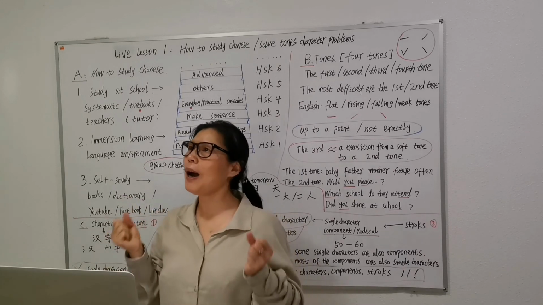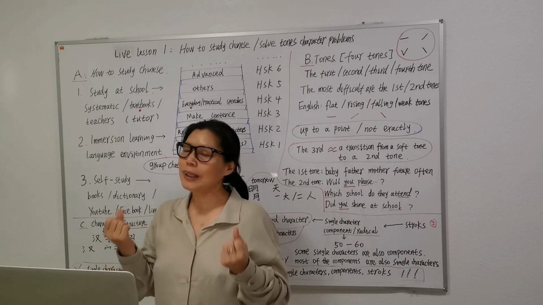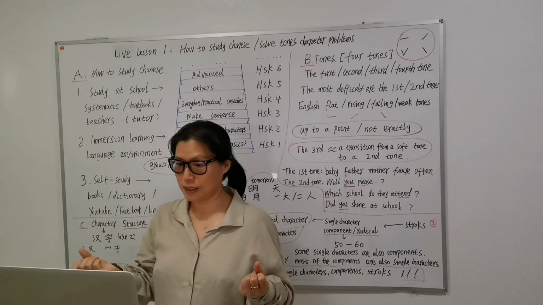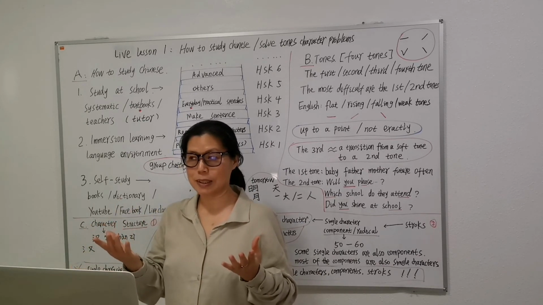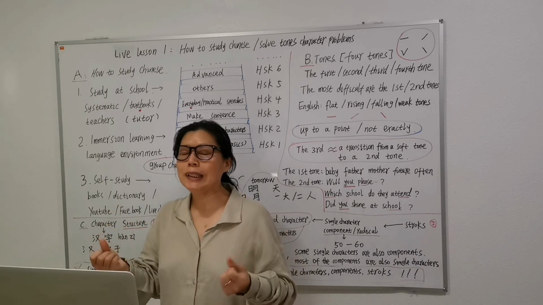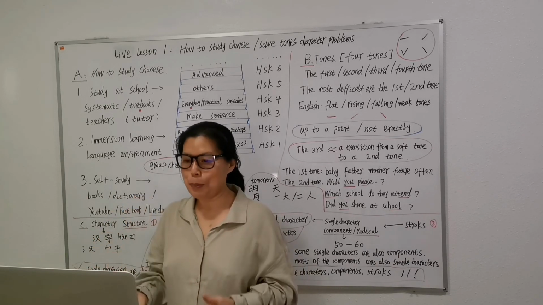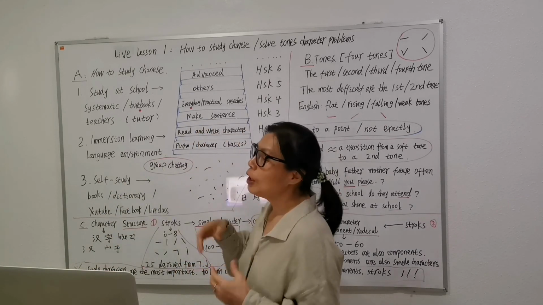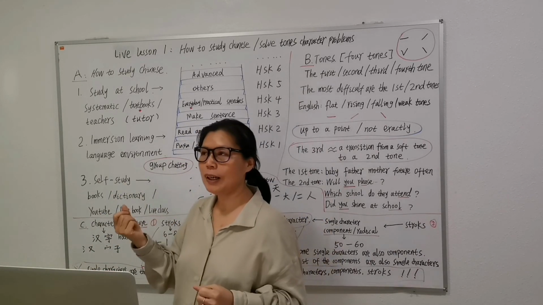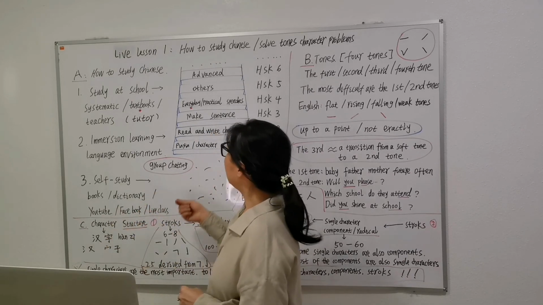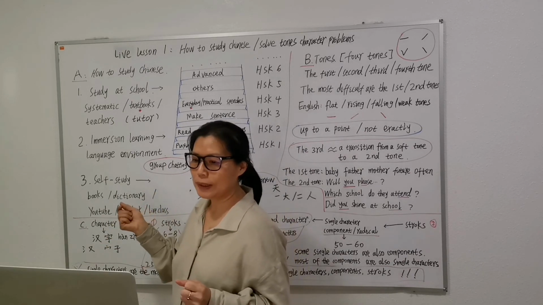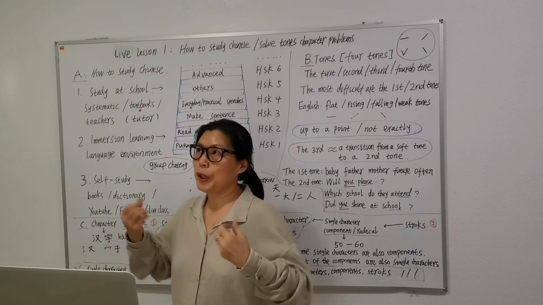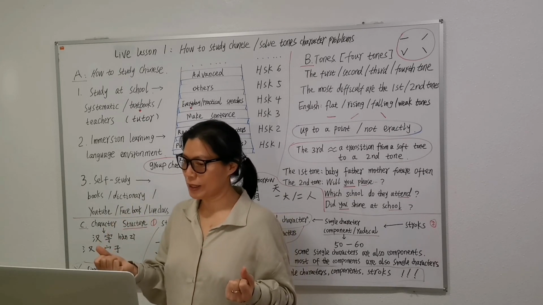To sum up, learn any language, of course, learn Chinese, you must study in a systematic way. Now that you know this, I hope you later study in a systematic way. I believe you will make quick progress.